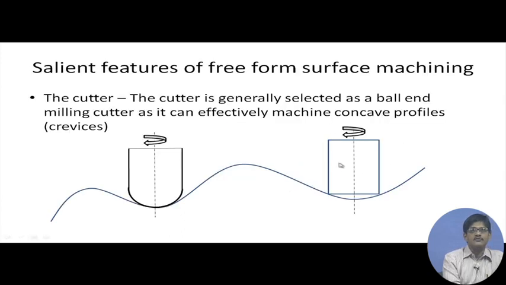So, first of all, why are we talking about a ball ended cutter? In free form surface machining, suppose this particular cutter, which is rotating about a vertical axis and having a cylindrical shape ending in the shape of a sphere, this sort of a cutter is preferred for 3-axis machining, and this is a typical free form surface which will be machined.